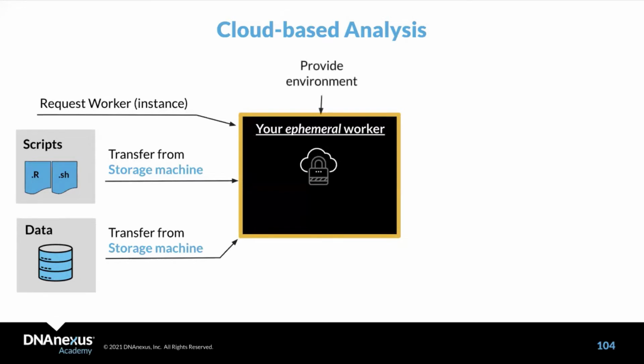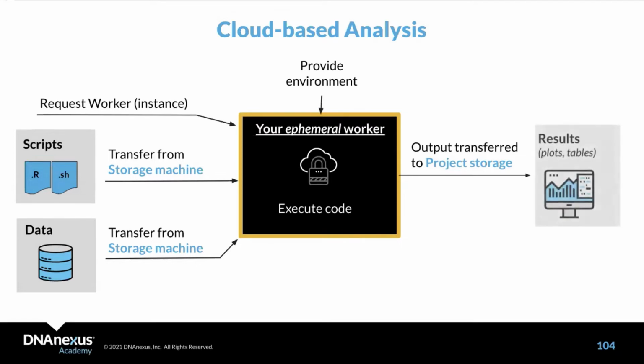You also provide the environment. So what operating system would it be, what would be the memory and so on, how many cores should it be? You run code there, you create some results, and then the output of your code is transferred back to project storage, and you get the results.